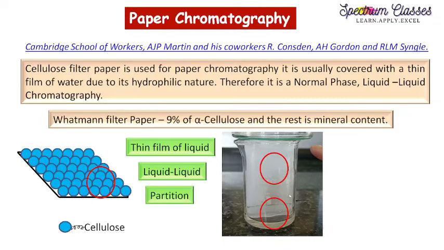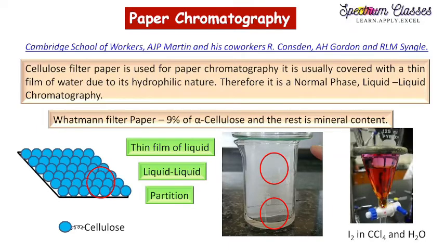Now, since we have liquid, the solute partitions itself between these two liquids. An example of this partition, to help you understand better, is iodine in carbon tetrachloride and water. We have discussed this in our previous video also.